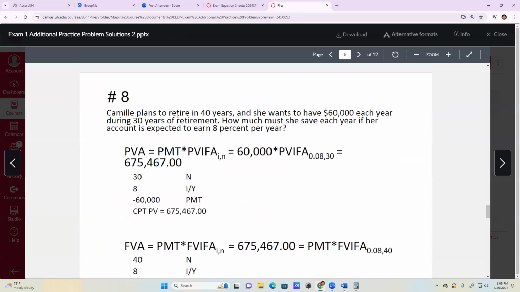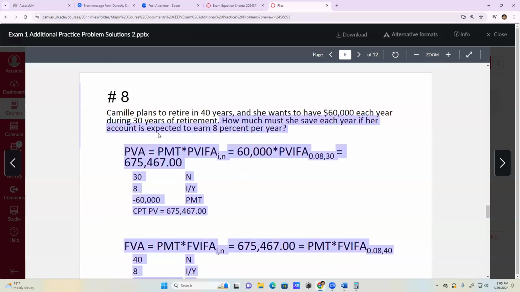All right, you plan to retire in 40 years and want to have 60,000 each year during 30 years of retirement. How much must she save each year if her account is expected to earn 8% per year?